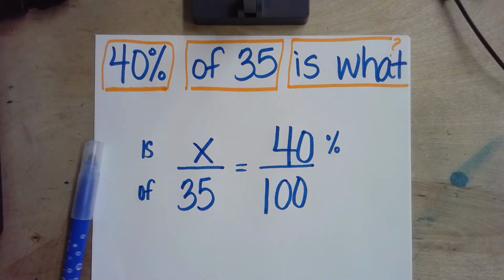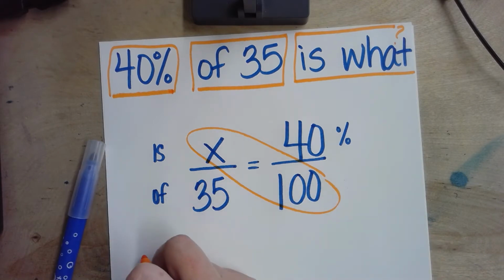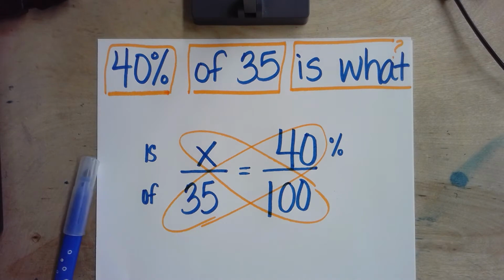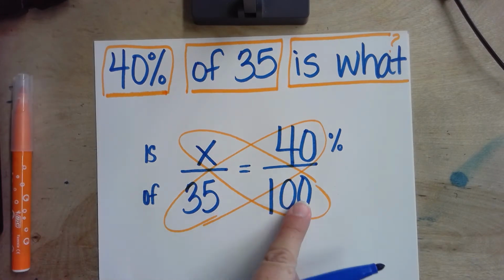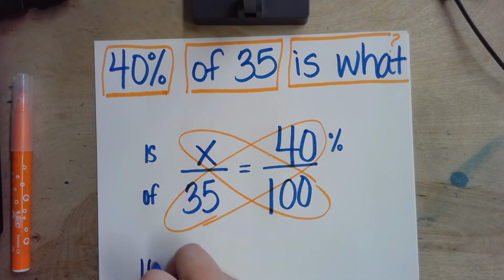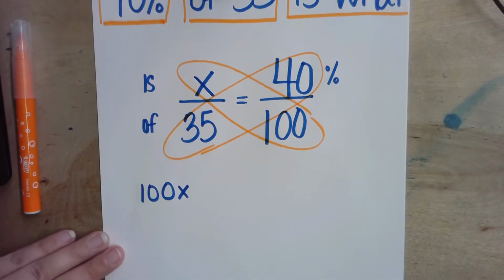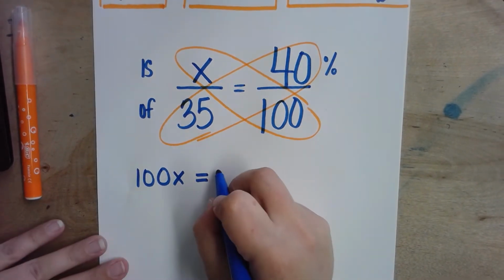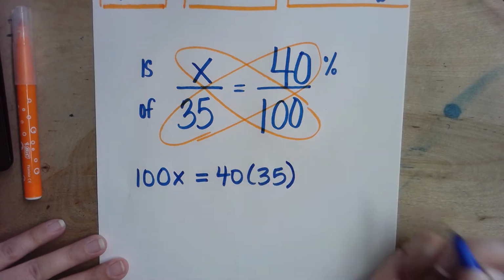Okay, so we are going to cross multiply on both sides. The first thing that I cross multiplied was 100 and x, so here's my 100x. And that is going to equal 40 times 35.